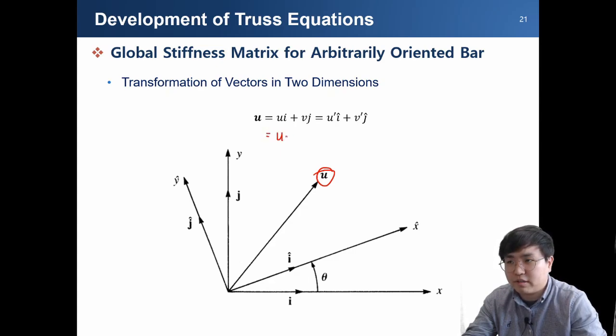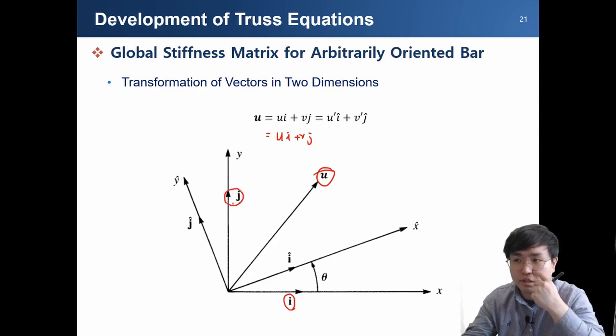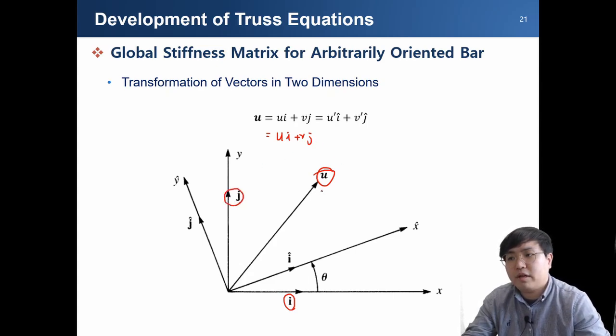First, I define the global coordinates. Here i and j are unit vectors in the global coordinate system. Then I'm going to check a rotated, or transformed, coordinate system, so this vector can also be expressed in the other coordinate system.